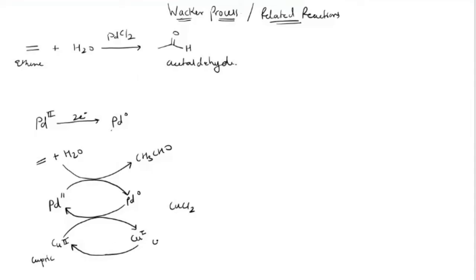Cupric will become cuprous, and this cuprous again gets oxidized by atmospheric oxygen to get your cupric. So this is how these cycles continue, and your palladium 0 again regenerates to palladium 2. So this is how it works.